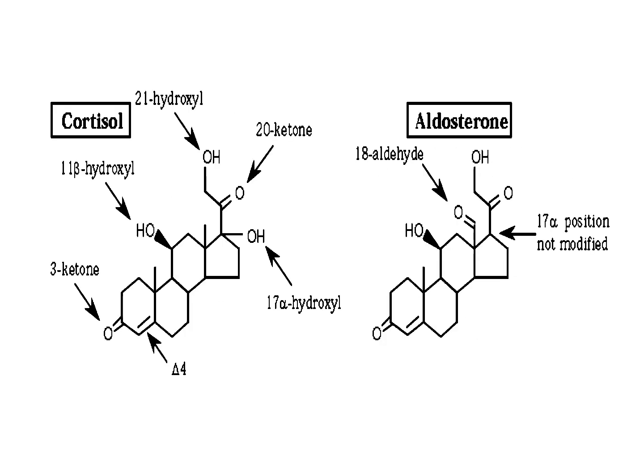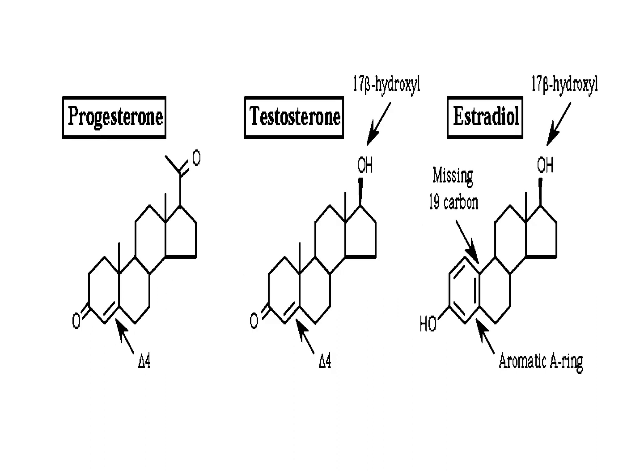This one is cortisol. Cortisol has an OH moiety, which indicates alcohols, and aldosterone has an ONE, which means it has a ketone functional group. Progesterone, testosterone, and estradiol are very important hormones, which are made from steroid classes.